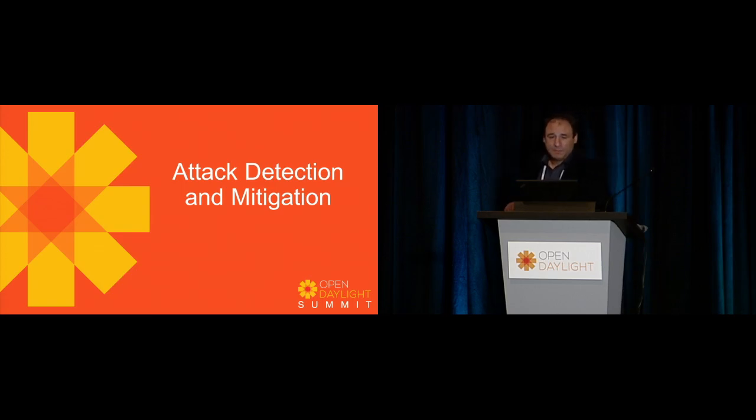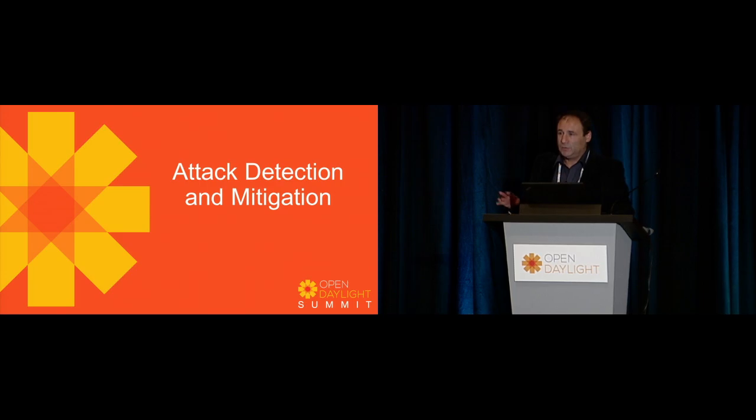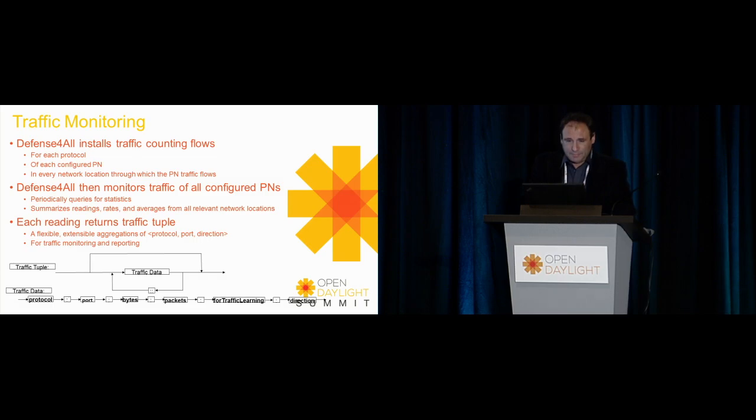In this section, I would like to go briefly over how attacks are detected and mitigated, with a few screenshots, just to get the feel of what is going on. Right?